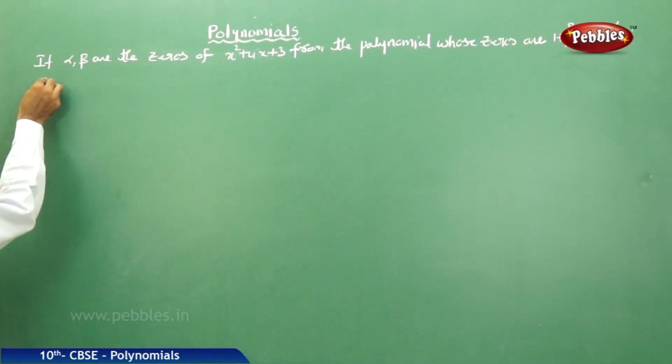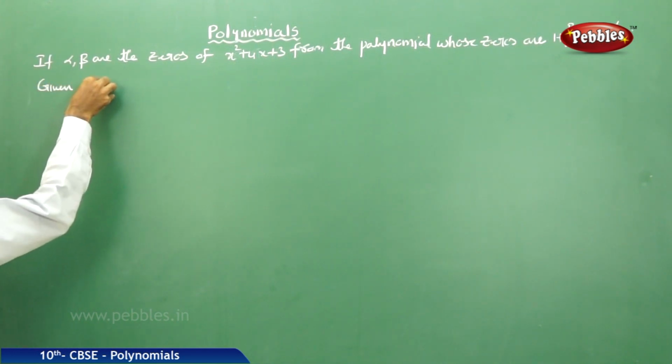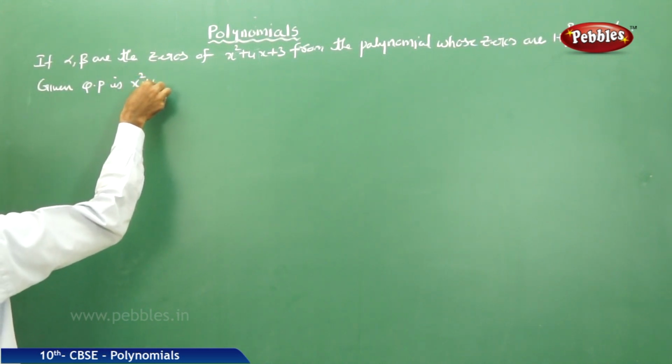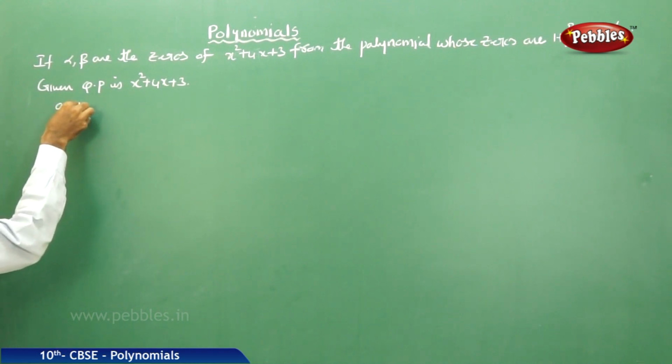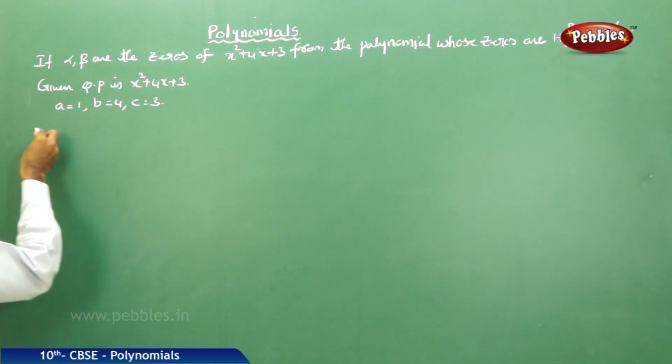The given quadratic polynomial is x square plus 4x plus 3, a value 1, b value 4, c value is 3.